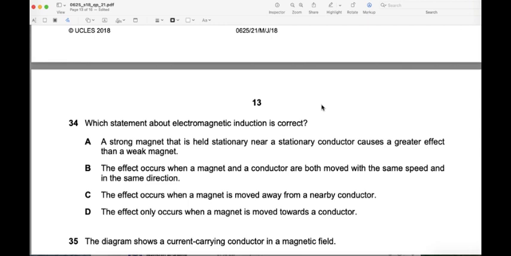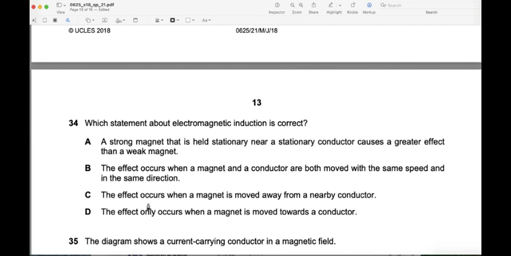C: the effect occurs when a magnet is moved away from a nearby conductor. D: the effect occurs only when a magnet is moved towards a conductor. Not only.